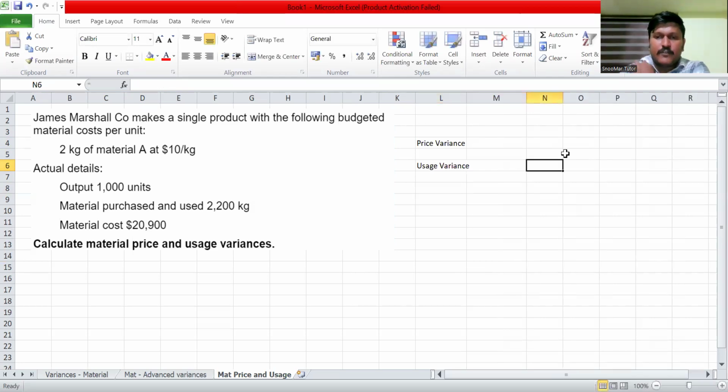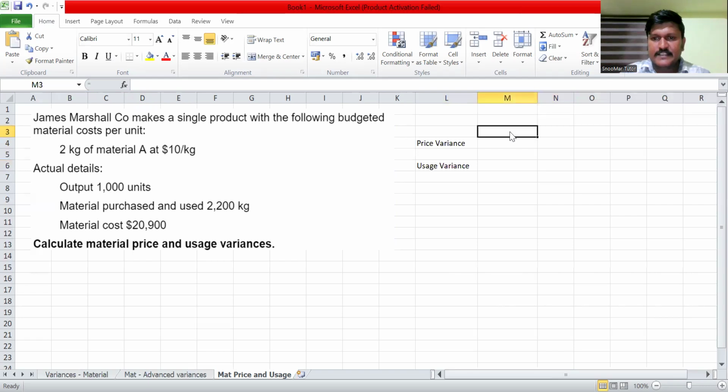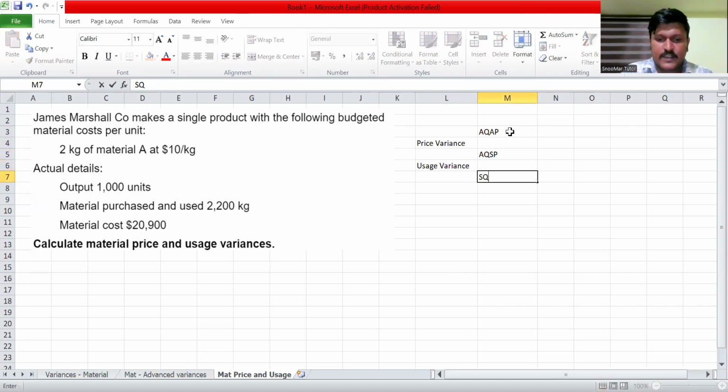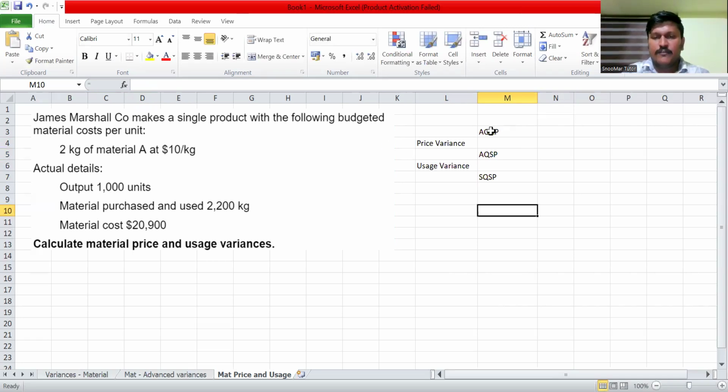Now we have to note down the things we noted in the earlier sheet as well: AQAP, AQSP and SQSP. So we have these columns over here, and we have to calculate these values. It's very easy.